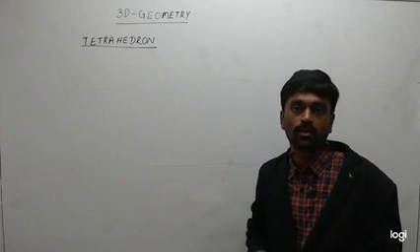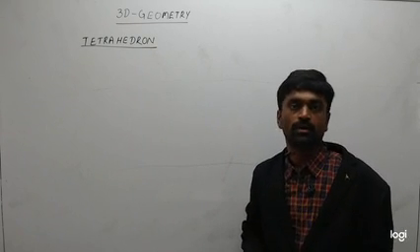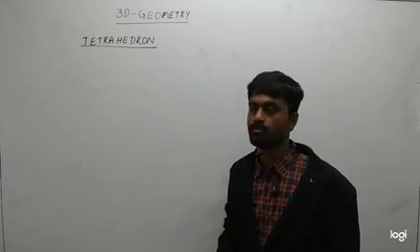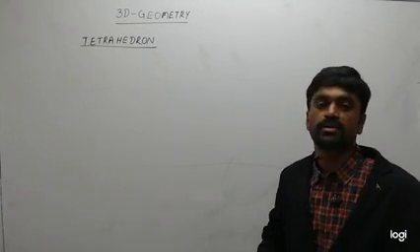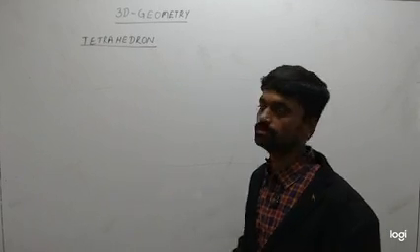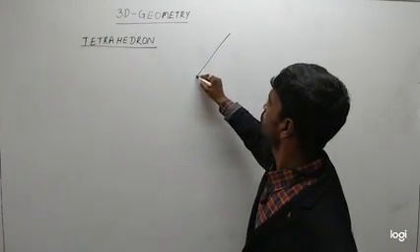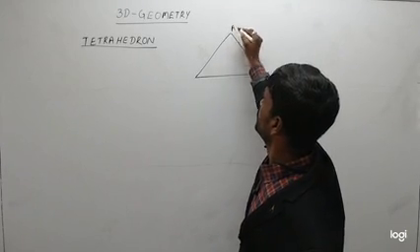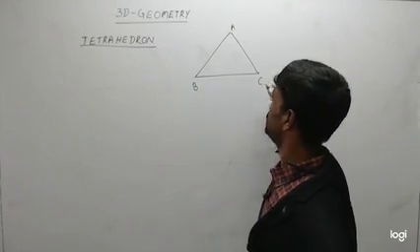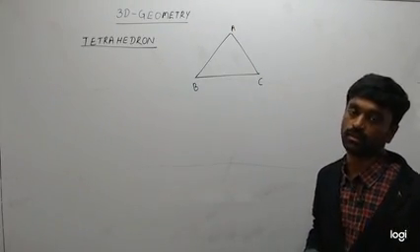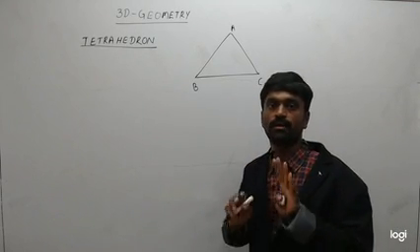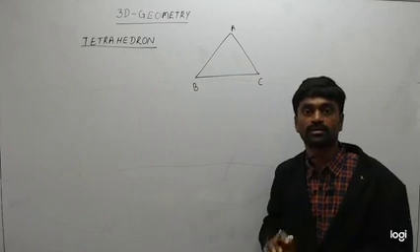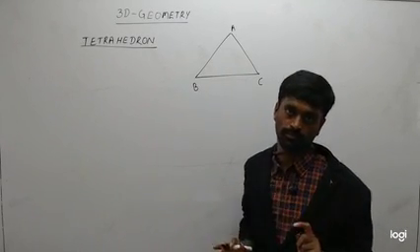So we can't draw this tetrahedron figure in a plane, nothing but on the board, because board is also a plane only. So I'm trying to explain the shape of the tetrahedron right now. Okay. So first you draw the triangle. This tetrahedron has total 4 vertices, and those 4 points are non-coplanar points. That means all those 4 points don't lie on the same plane.